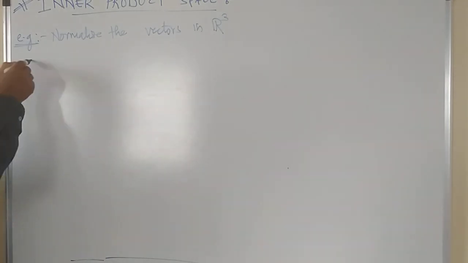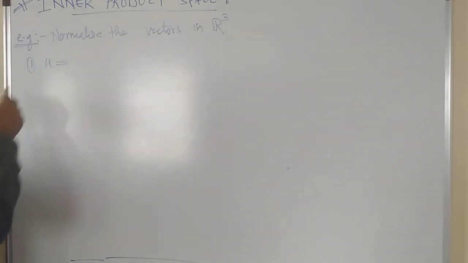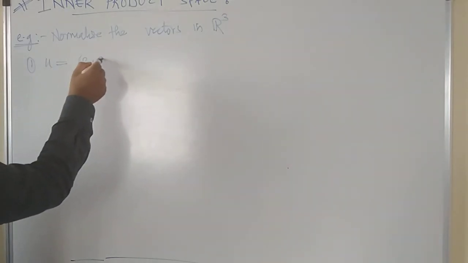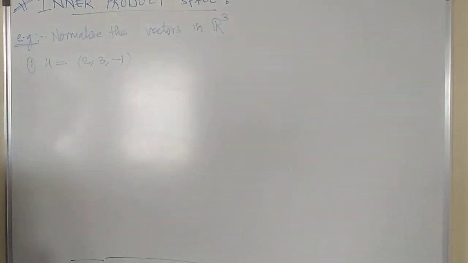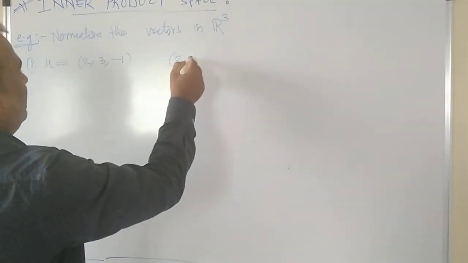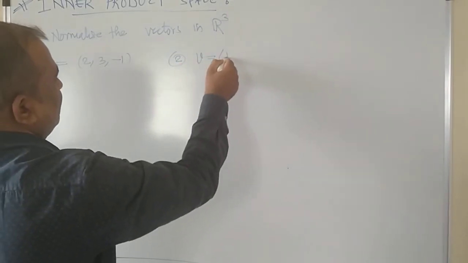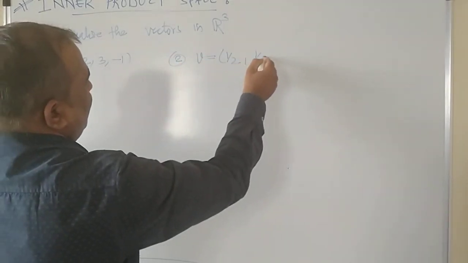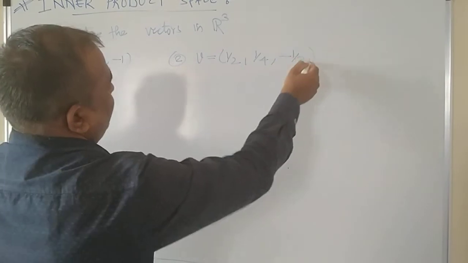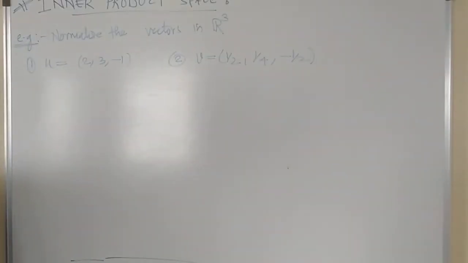So the first is u equals to 2, 3, minus 1, and the second one is v equals to half, 1 by 4, and minus half. So these are the two vectors which you have to normalize, right?